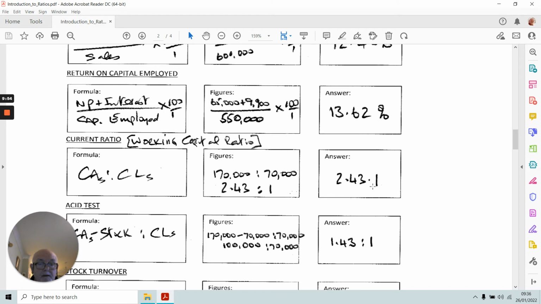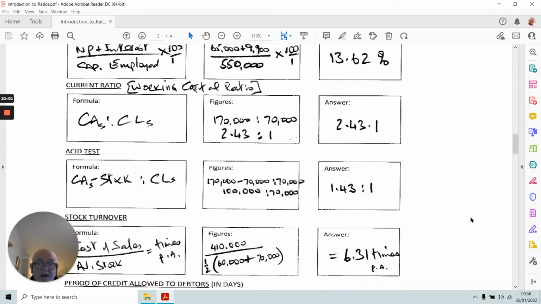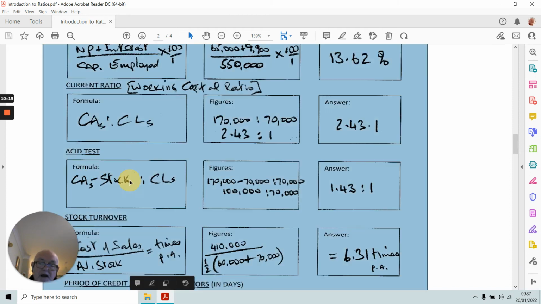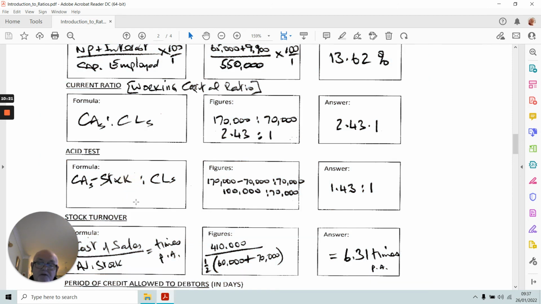A better measure of liquidity is the acid test, or the liquid asset ratio, or the quick asset ratio. And it compares not current assets with current liabilities, but it compares the liquid assets with current liabilities, the cash and near cash. The current assets with the stock taken out of it, because stock isn't something that turns into cash quickly.